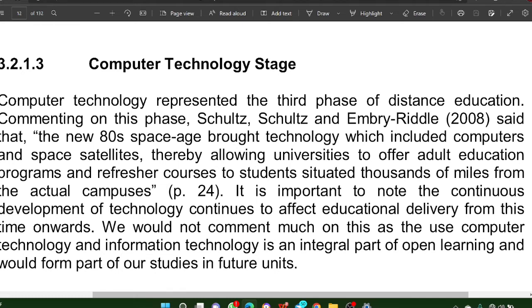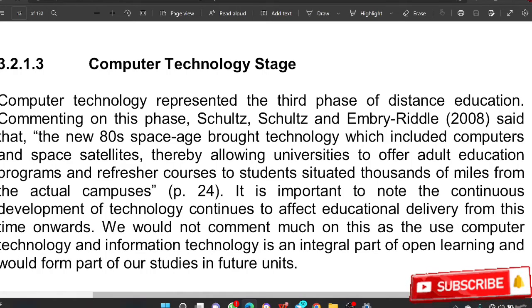Commenting on this phase, Coates and Embry-Riddle, 2008, said that the new 80s space age brought technology which included computers and space satellites, thereby allowing universities to offer adult education programs and refresher courses to students situated thousands of miles from the actual campuses.